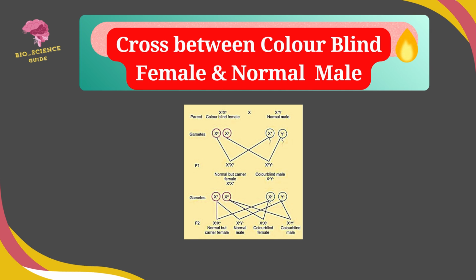When the F1 carrier daughter is married to a color-blind male, it produces 25% sons colorblind, 25% sons normal, 25% daughters carrier, and the remaining 25% daughters colorblind. The phenotypic ratio of normal to colorblind is 2:2 or 1:1.